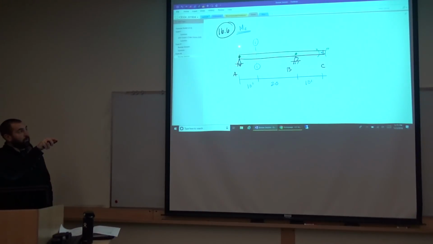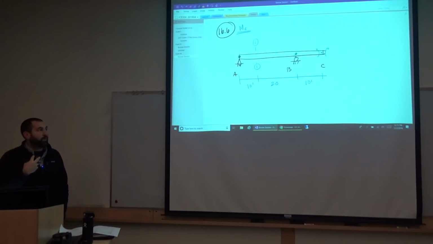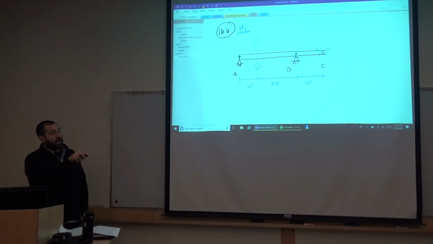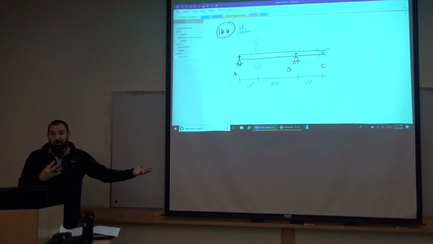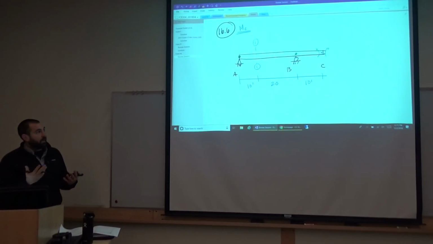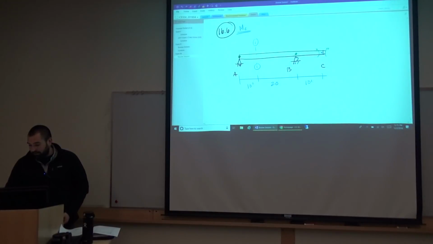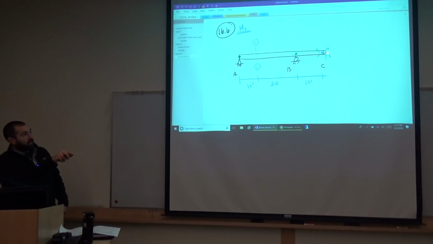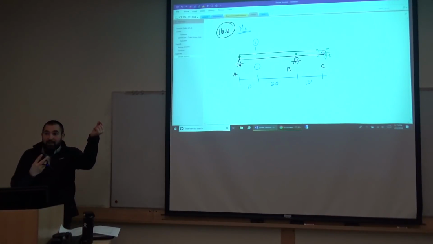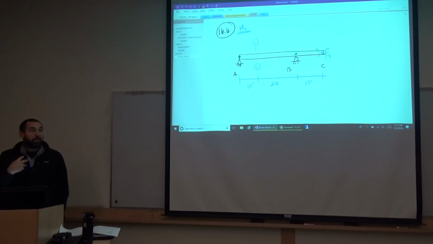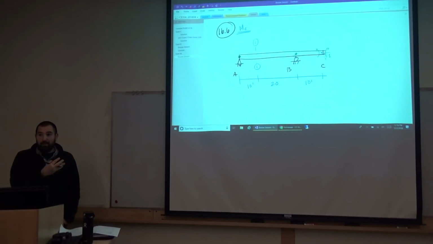A can't move up or down, B can't move up or down, so it has to remain straight. So all of the rotation is going to occur on the right-hand side, but there's no beam on the right-hand side. So here it's kind of like a phantom rotation. There's some rotation here, but the beam on the right of C has a length of 0. So it's basically telling us that there can't be any internal moment at the end of the beam.